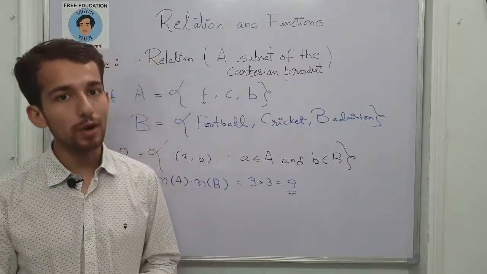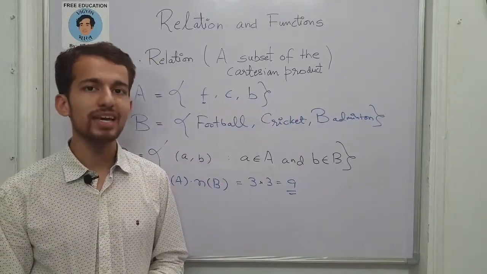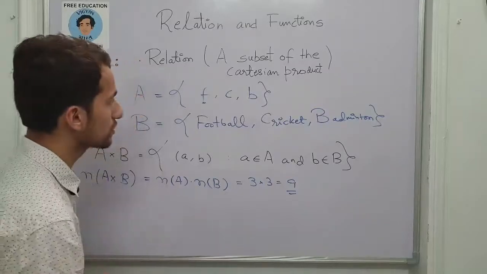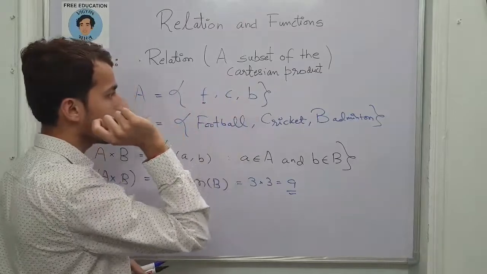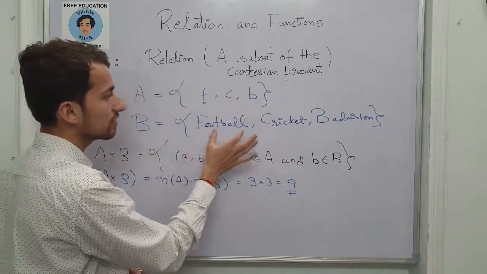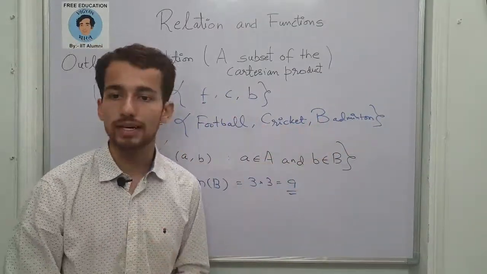The relation which I want, which we can make by a simple observation, is that these elements small f, small c, small b are the first letters of the keywords football, cricket and badminton respectively.